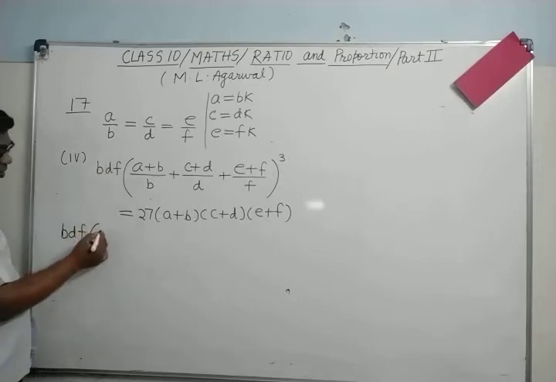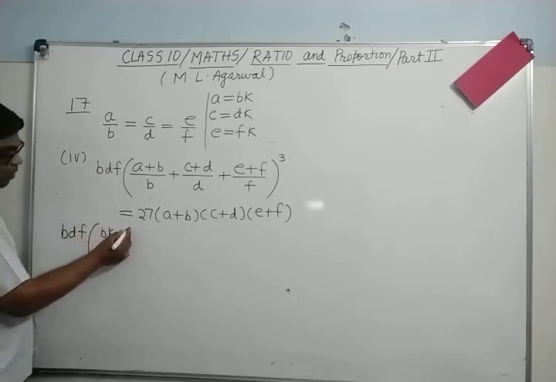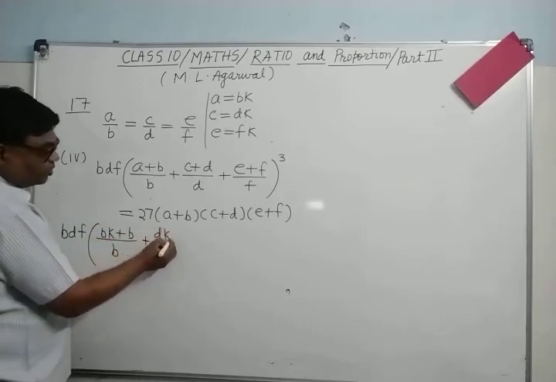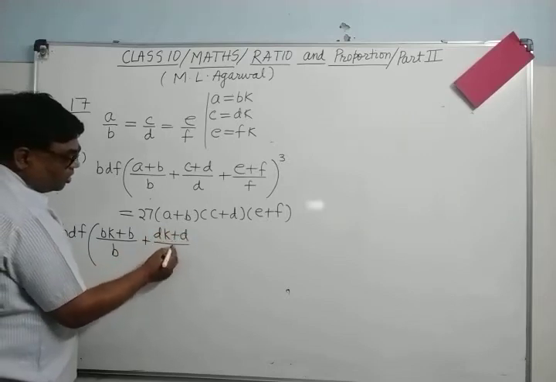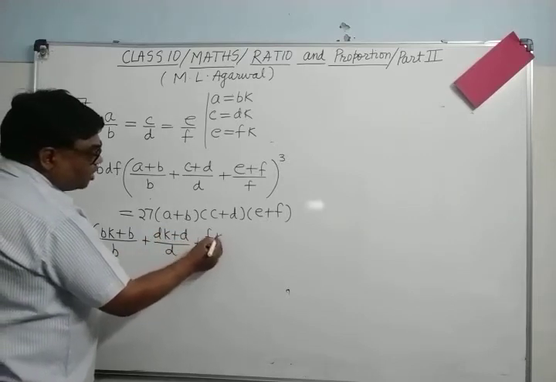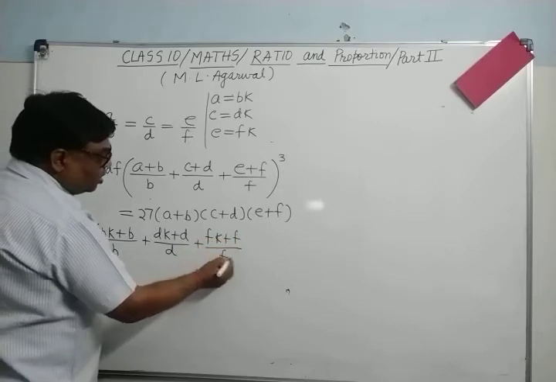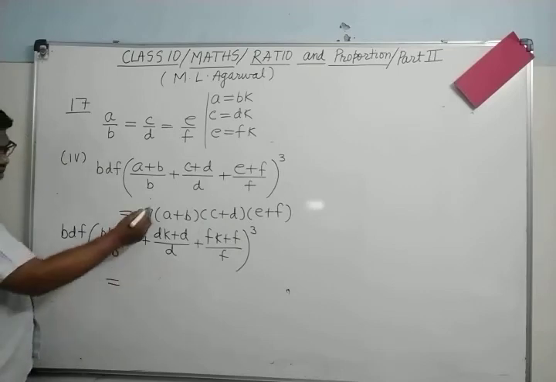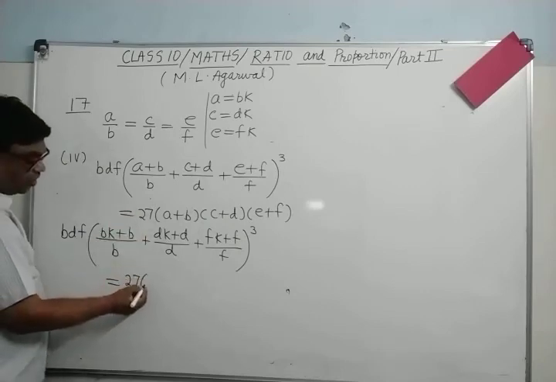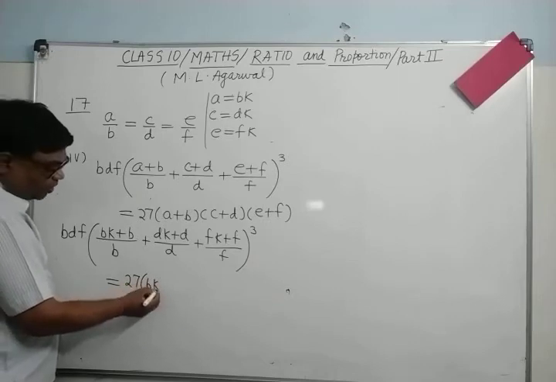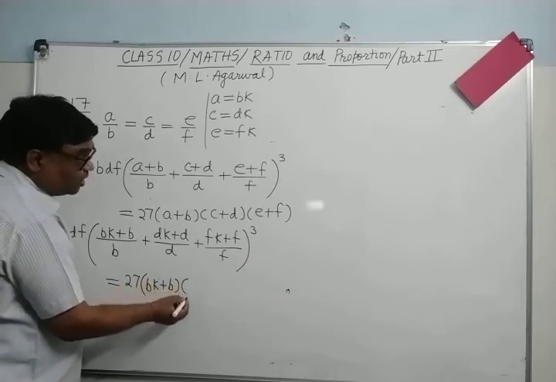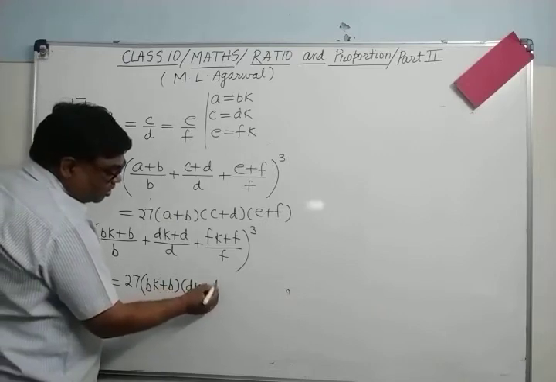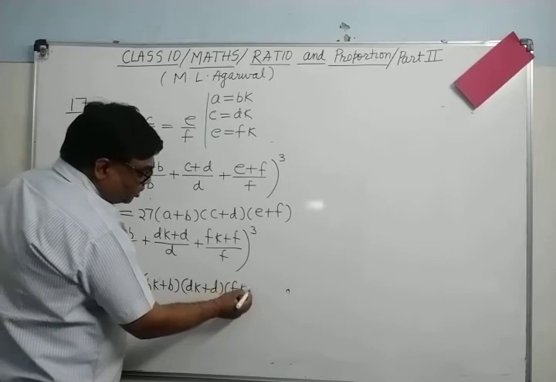Then A plus B, that is BK plus B upon B, then C plus D is DK plus D upon D, then E plus F is FK plus F upon F, whole cube equals to, here you write 27, A plus B in place of BK plus B, then DK plus D, then FK plus F.